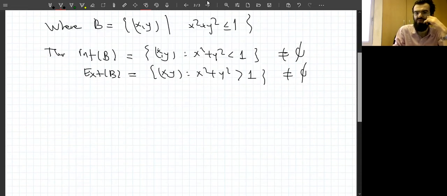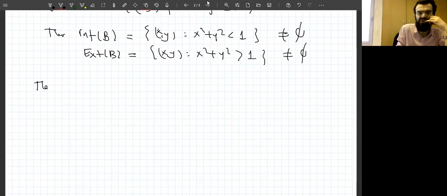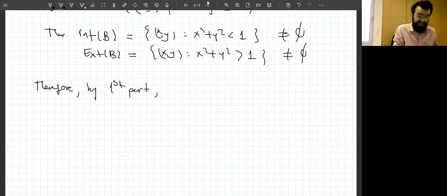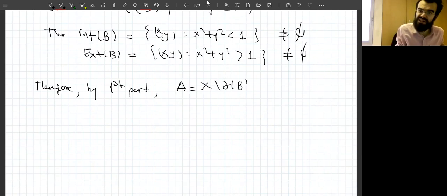Therefore, by the first part, A, which is this set, is disconnected.